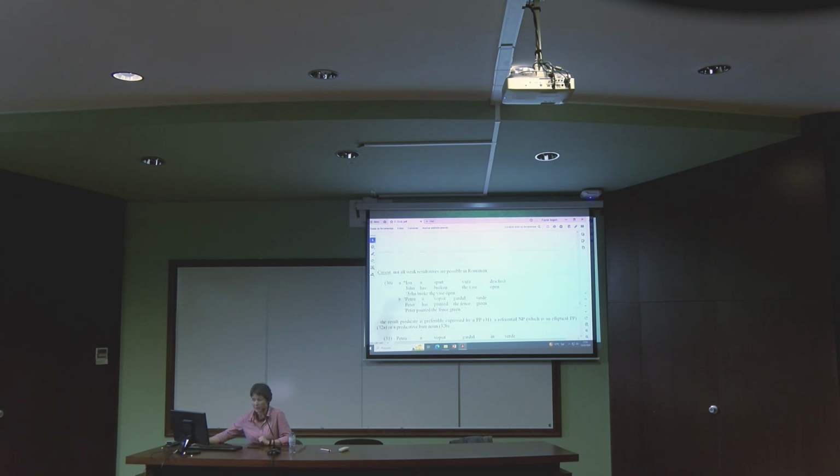What is interesting is that this means that we have weak resultatives and not strong ones in Romanian and Romance languages. But this does not mean that all weak resultatives possible in English and Germanic languages are also possible in Romanian and Romance languages. Because John broke the vase open, exactly the same change of state verb with an AP predicate, is ungrammatical.